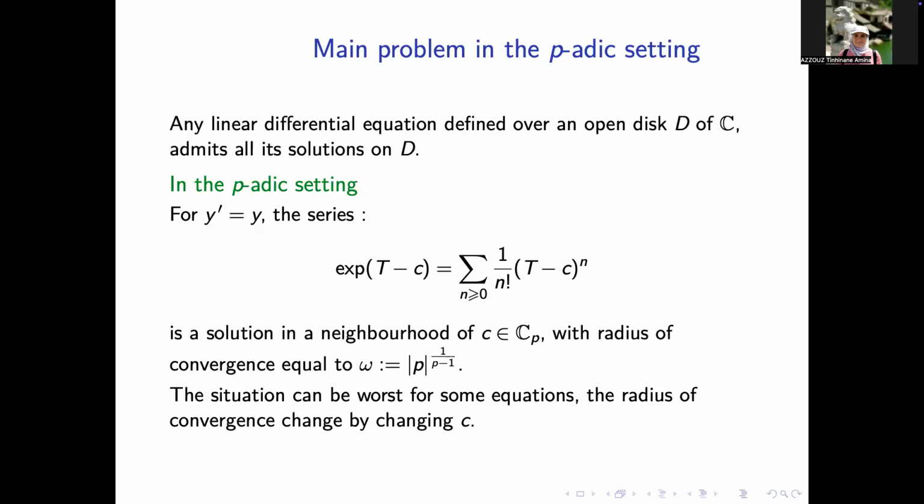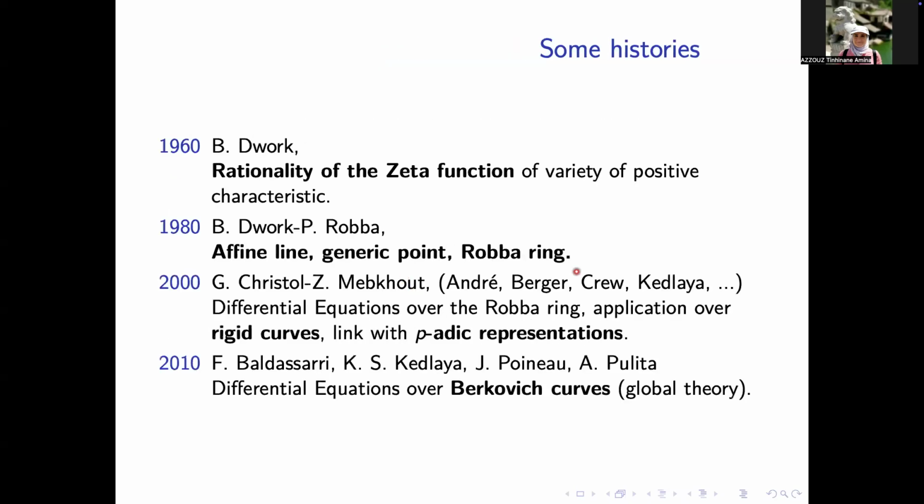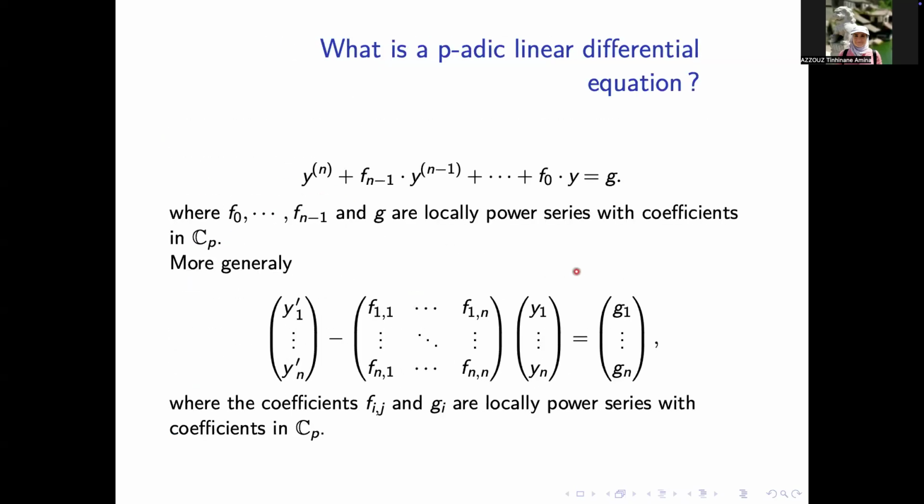For example, when we are over C, and let's say we consider an open disk over C, then any differential equation defined over D admits all its solutions. What I mean by all its solutions, for example, here the matrix is n times n.